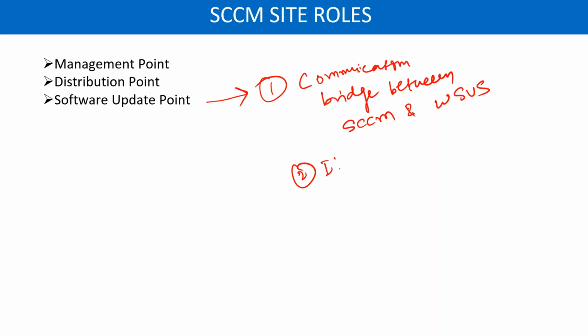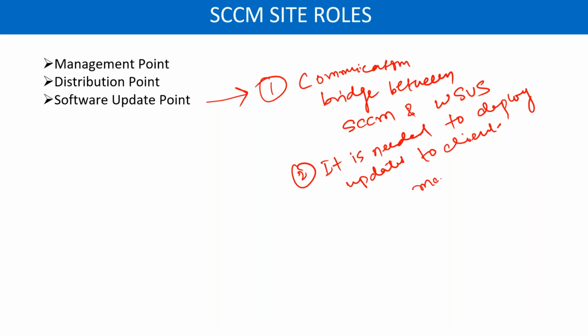Second, it is needed to deploy updates to client machines. Okay, it is needed to deploy updates to client machines. Point number 3, it is an optional role. It is not mandatory.